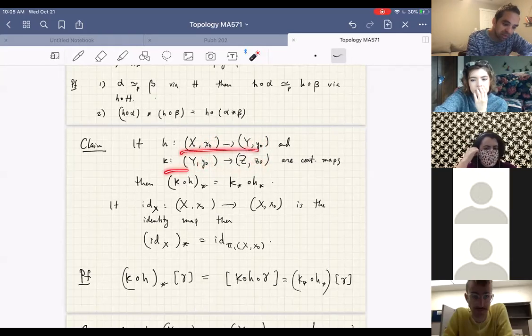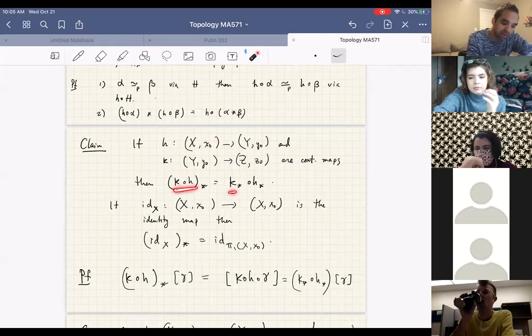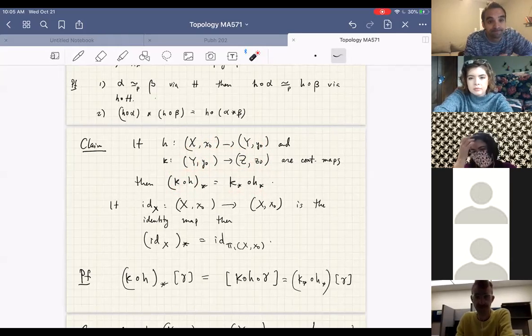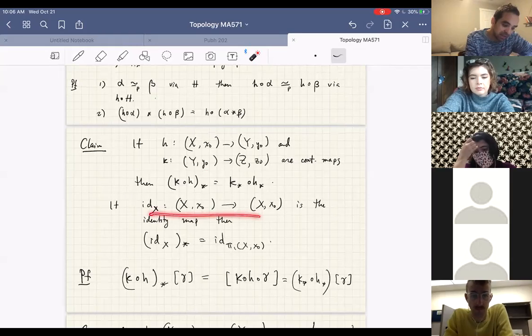So if you have two continuous maps of spaces, then the induced map of the composition of K and H is the composition of the induced maps. And if you have the identity map from a space to itself, then the induced map is exactly the identity map between groups.